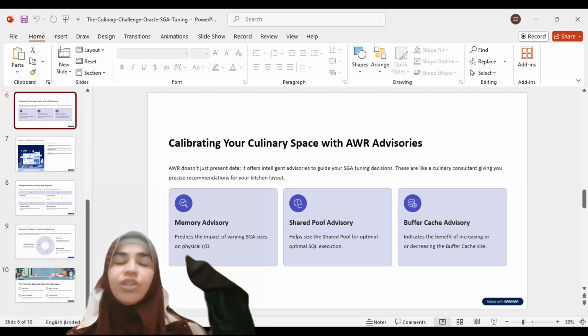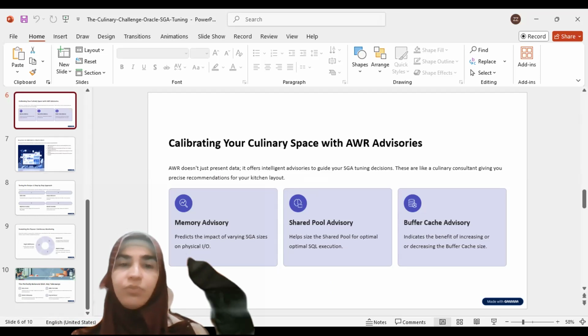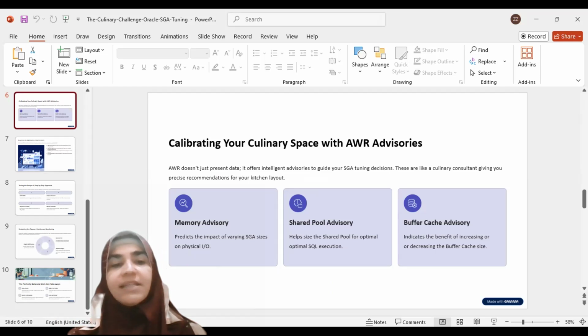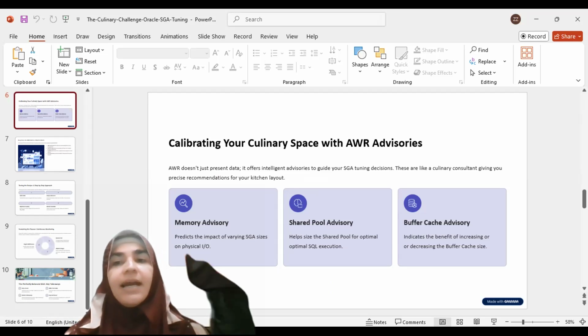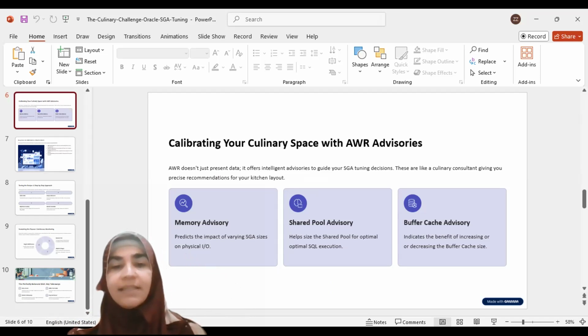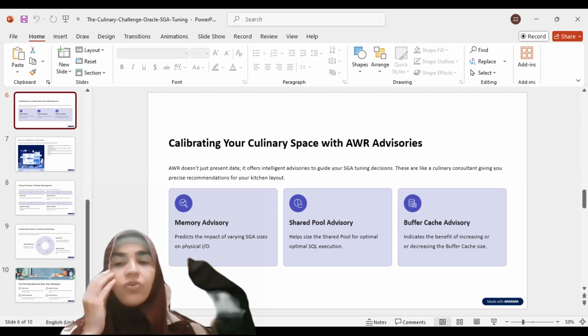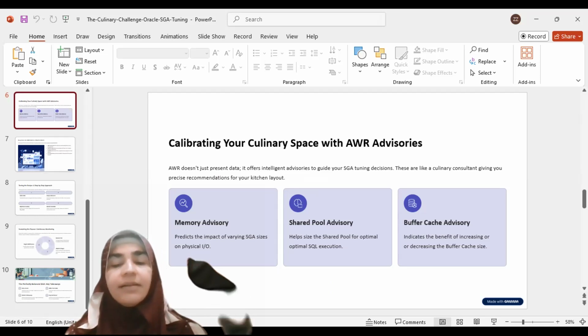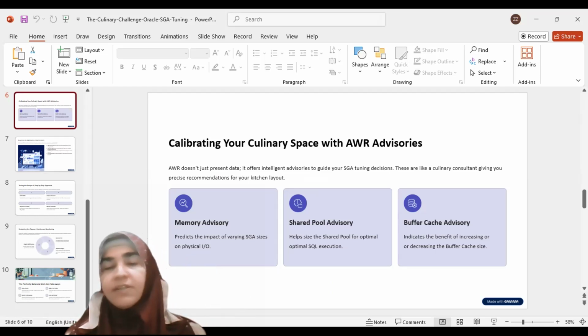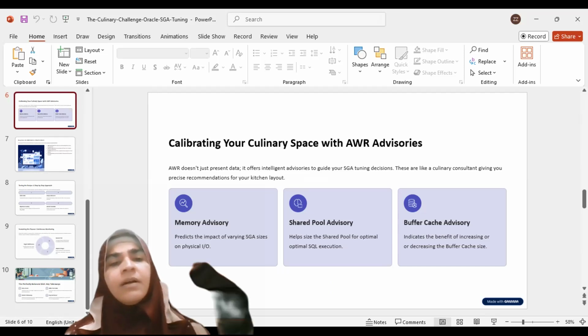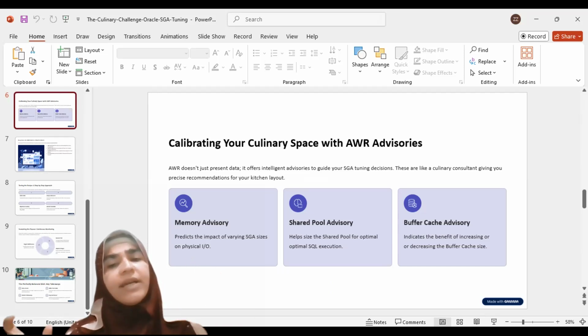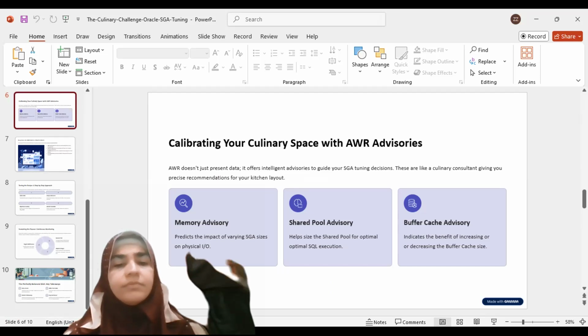Second is your shared pool advisory. This helps size the shared pool so SQL statements can execute efficiently. And third is your buffer cache advisory. This shows whether you'll benefit from adjusting the buffer cache size. So these advisories act like a culinary consultant telling you where to add counter space, where to reorganize, and where you can trim without harm.